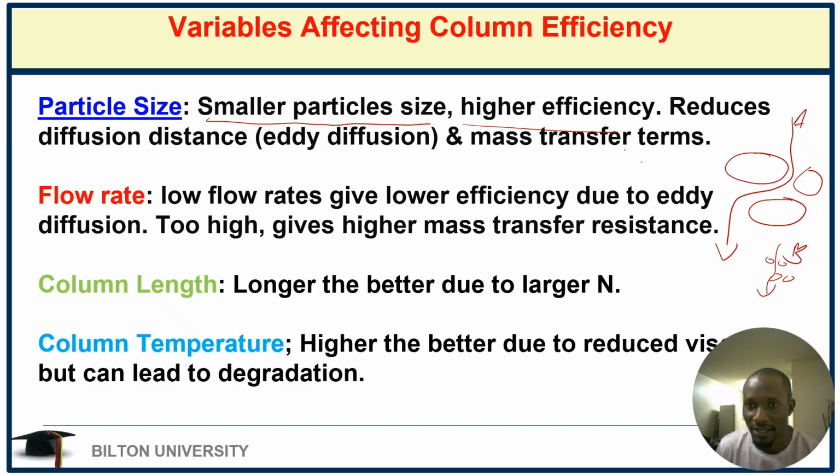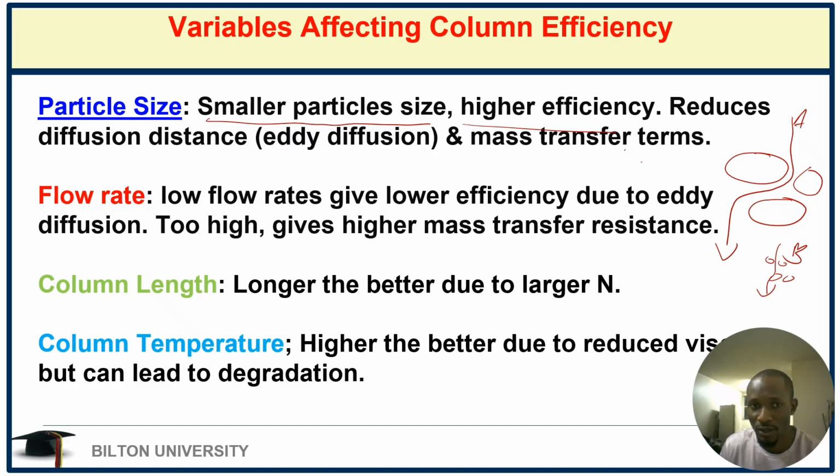While if you have larger particle size, it's going to create longer and many path terms. So it's going to spend more time as it navigates. As it spends more time to navigate, you are allowing diffusion to take place. And when the diffusion takes place, you are creating a good chance for zone broadening to occur. And once you have bigger zone broadening, it means that the column efficiency is going to go down.